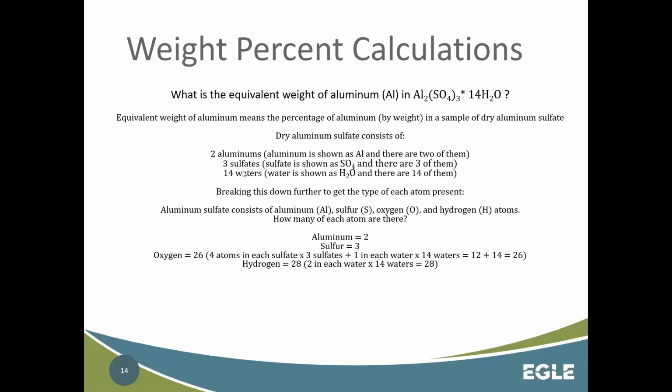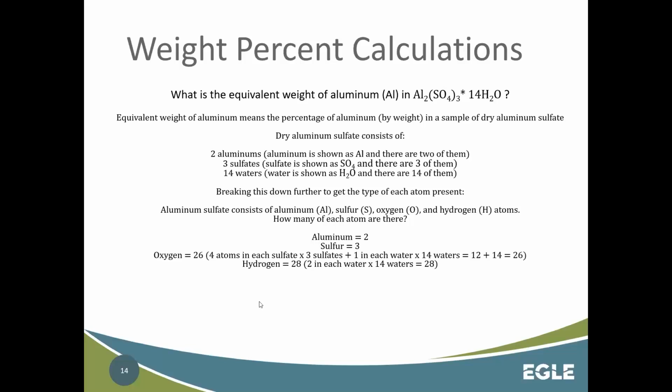And this gets maybe a little tricky if you haven't spent a lot of time doing chemistry, but basically this SO4 is your sulfate, and you're going to notice that it's in parentheses. And anytime you see that, basically there's going to be a little subscript number outside of the parentheses, and you're going to need to multiply whatever's inside the parentheses by this subscript. So there are 3 sulfates in here. We have 2 aluminums and 3 SO4s, and then 14 H2Os.